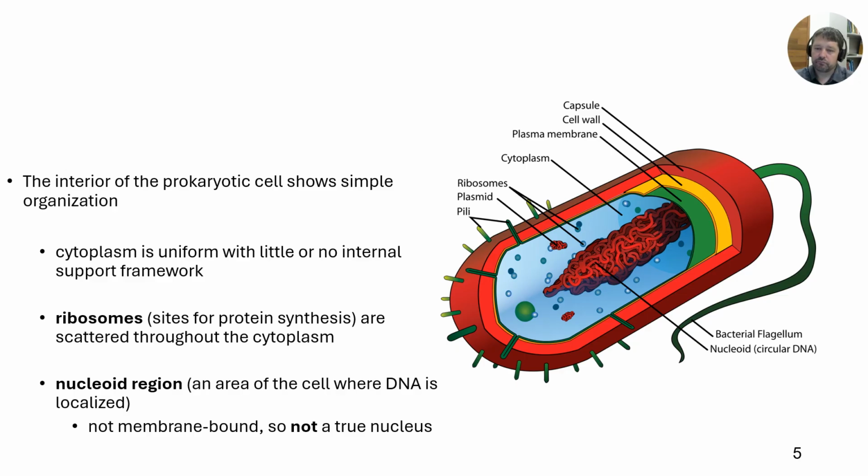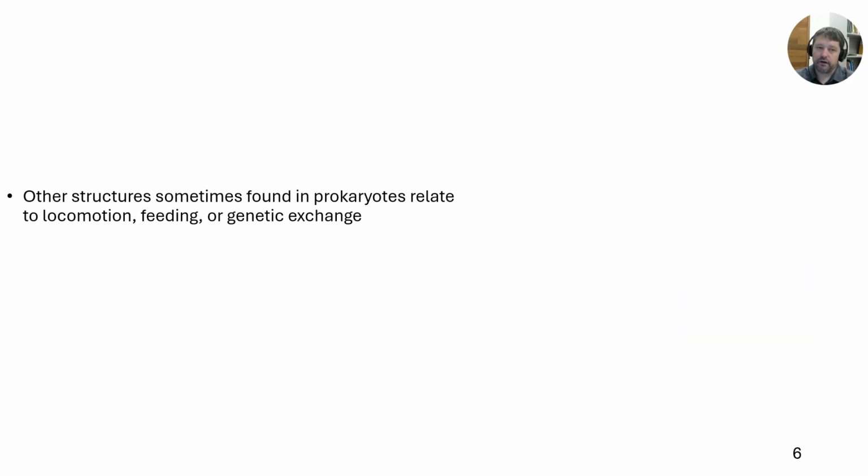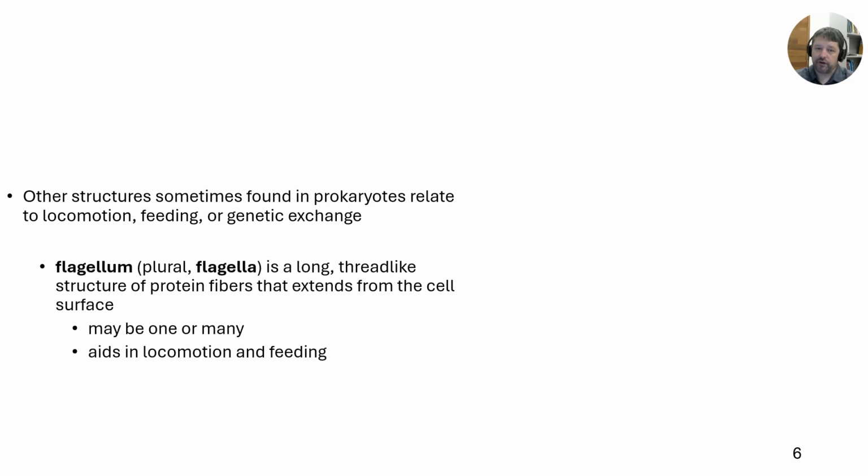All right, other structures that can sometimes be found in prokaryotes, and they can relate to all kinds of things, whether that be locomotion, feeding, genetic exchange. So again, just recapping on that picture before, the flagellum or the flagella.